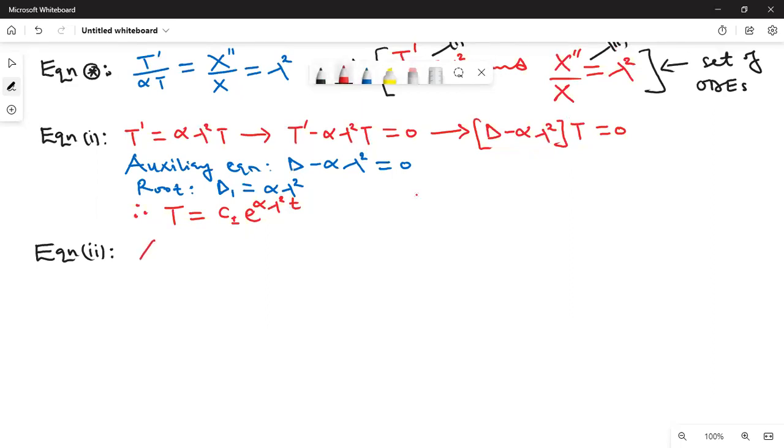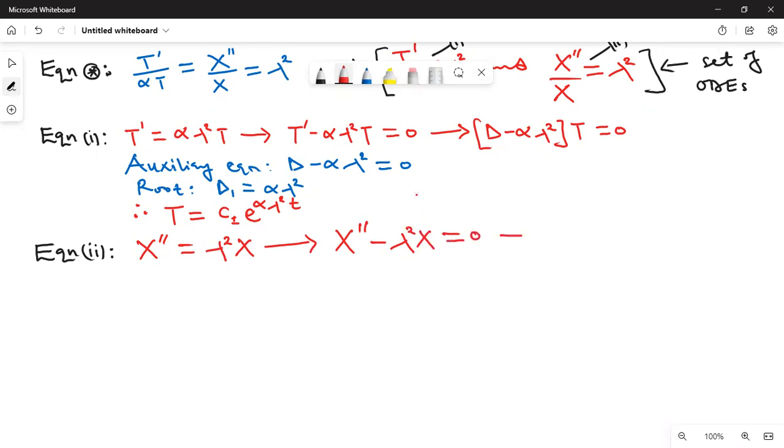It will be x double prime is equals to lambda squared times x, which you can also write as x double prime minus lambda squared x is equals to 0.